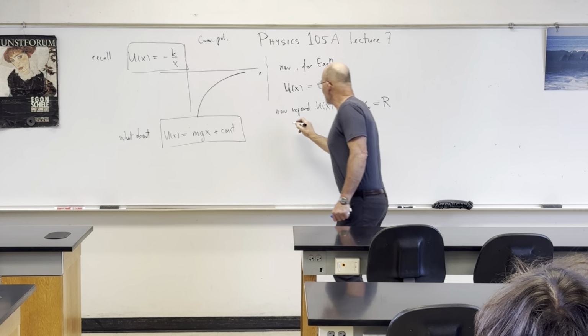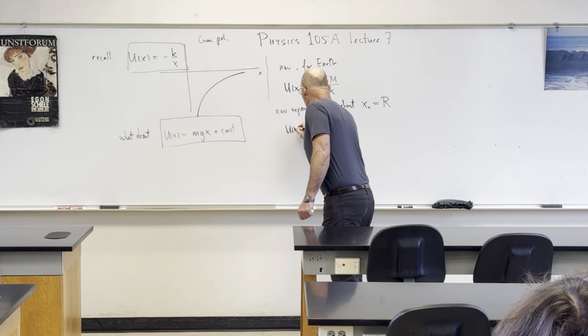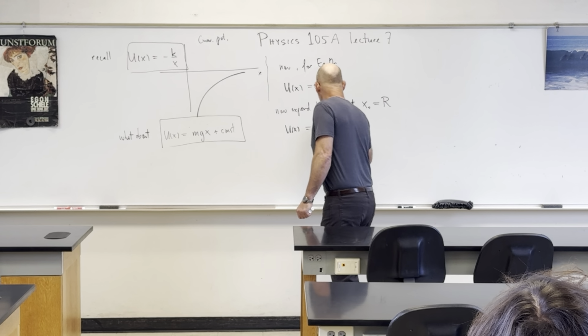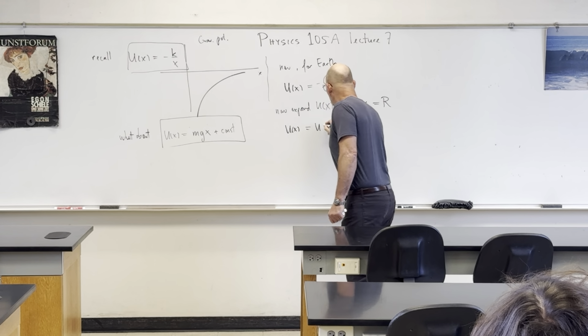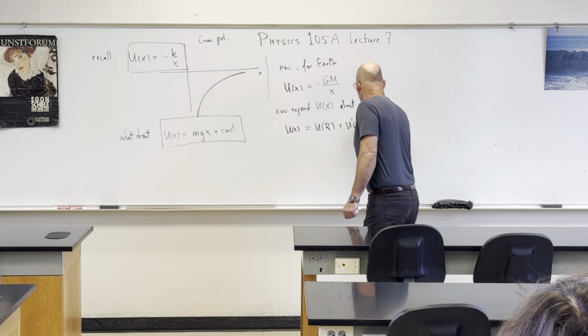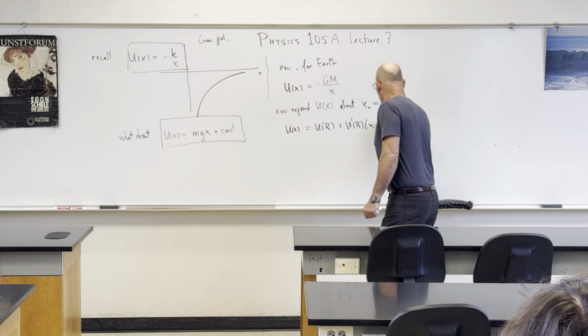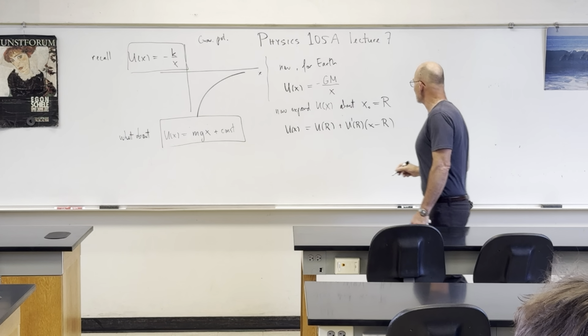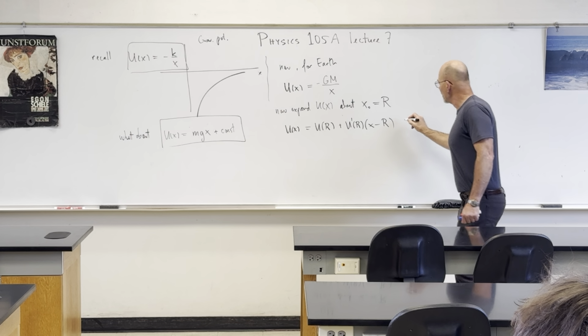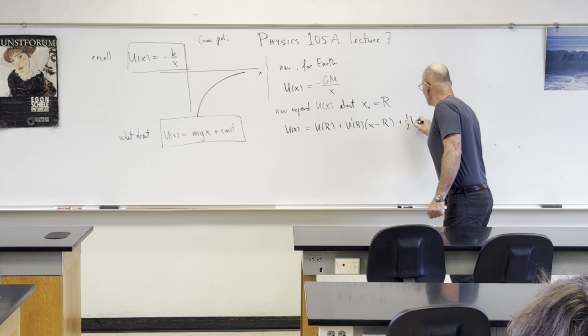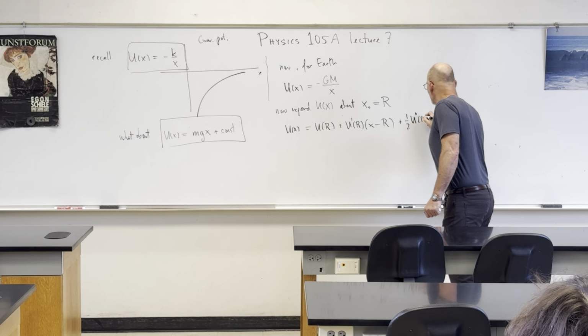So what we'll have is u of x is equal to u of R plus u prime of R times (x minus capital R), and we'll do one more, plus 1/2 u double prime of R times (x minus R) squared. Those are the first terms of the Taylor expansion. That's all we need.